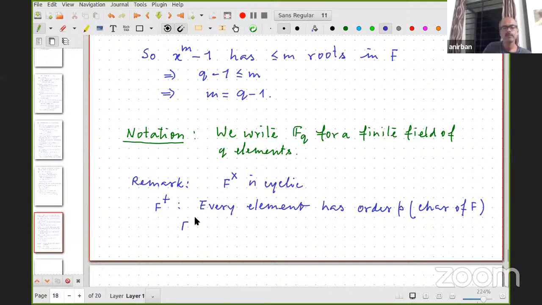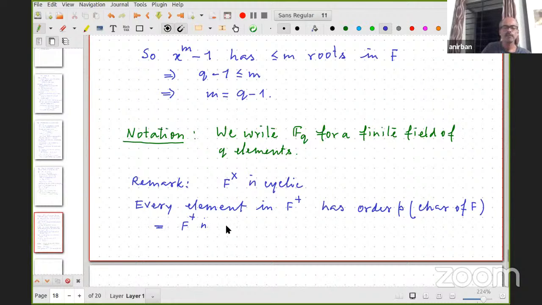So every element in F plus, in the additive group, has order p, p the characteristic.